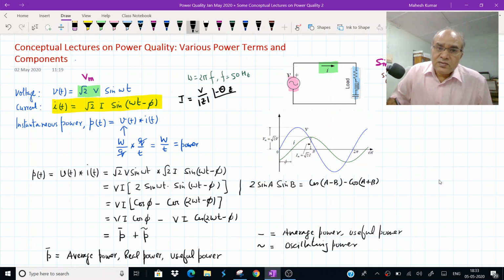And what is Z? Z is the magnitude of the impedance. So Z could be the square root of R squared plus (XL minus XC) squared, and theta Z could be tan inverse of (XL minus XC) by R, and so on.